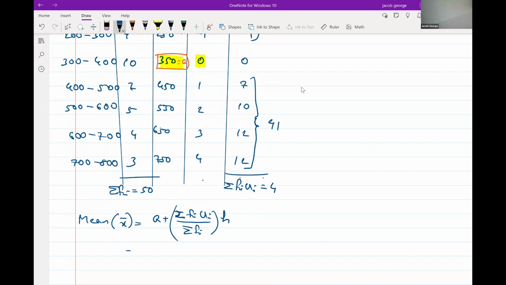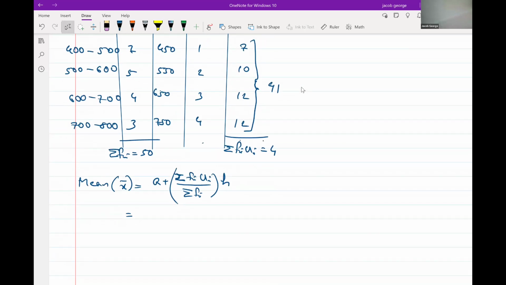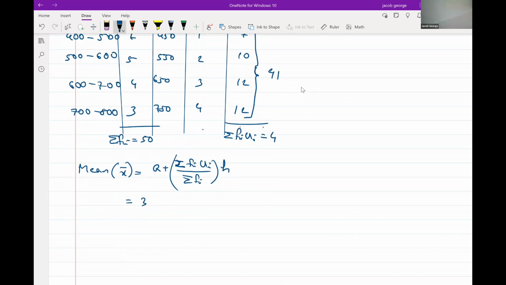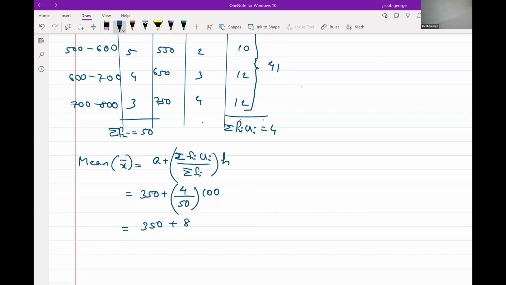A is 350 plus 4 by 50 into h, which is 100. So that is 350 plus 4 by 2. How much do we get? 350 plus 8, 4 into 2. So 358.